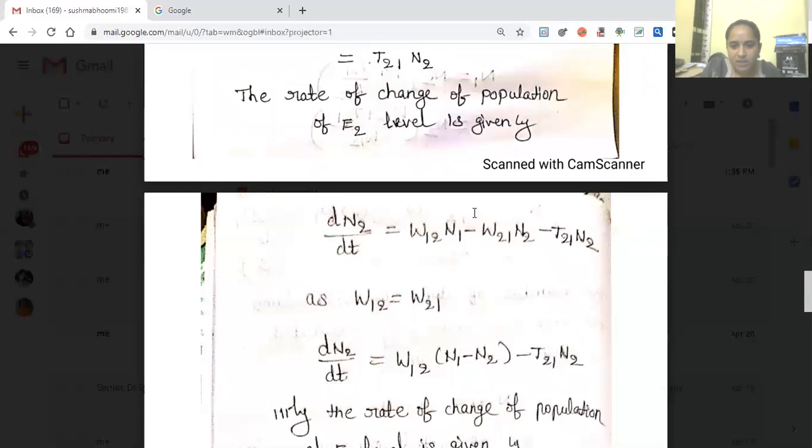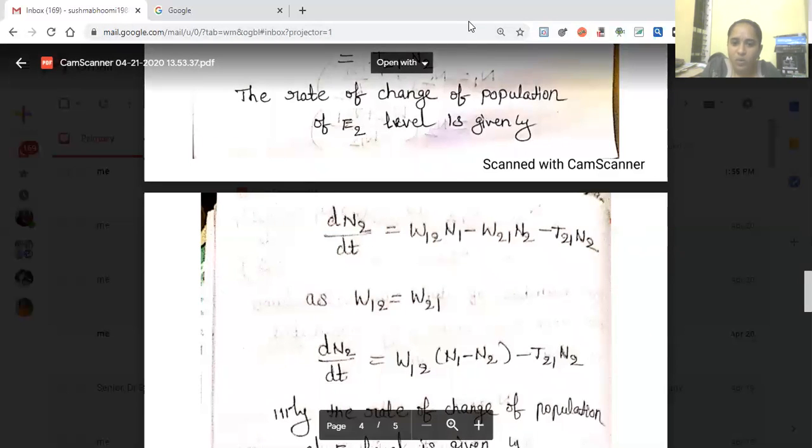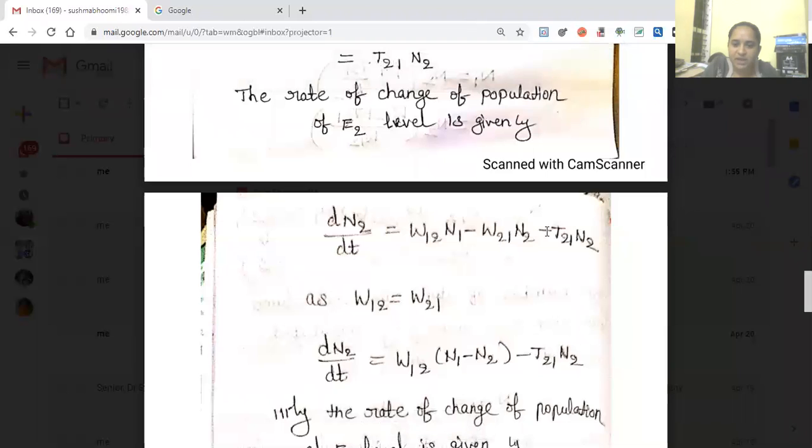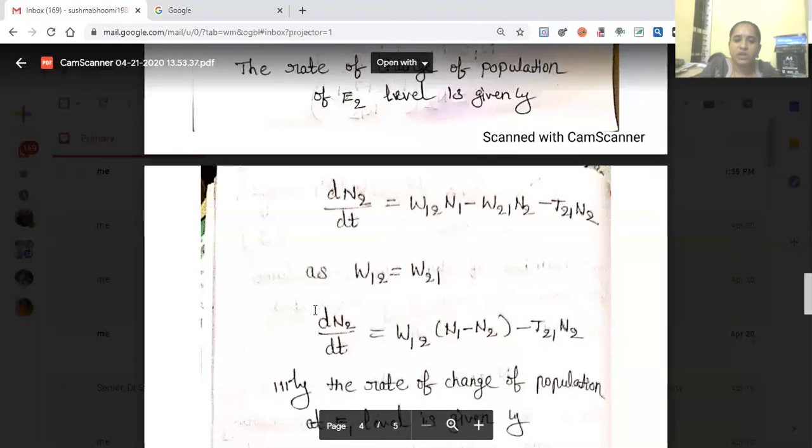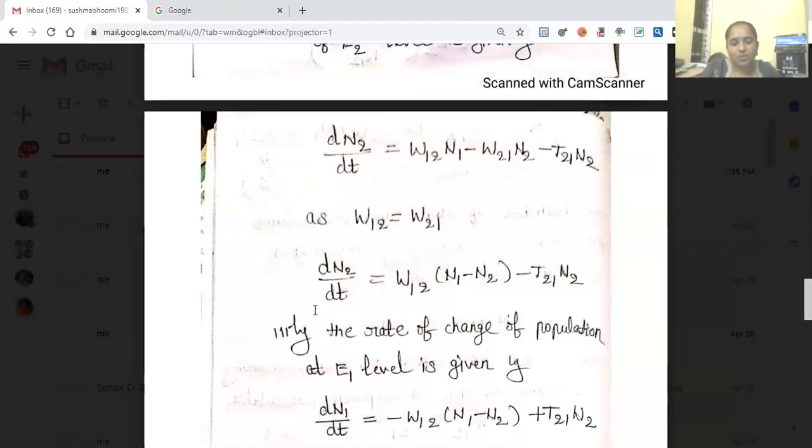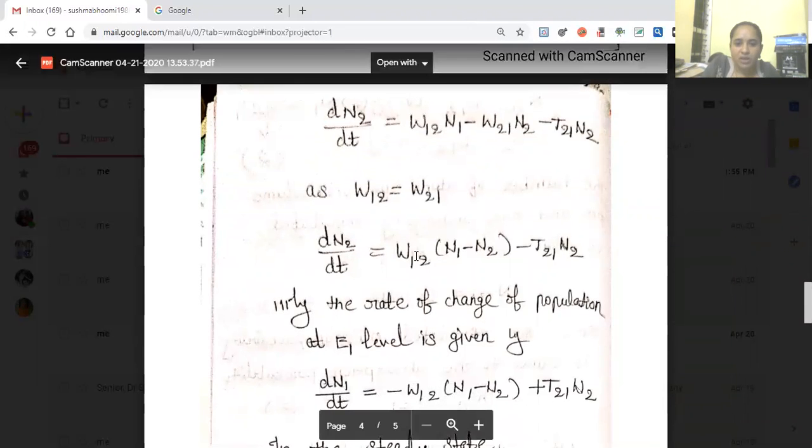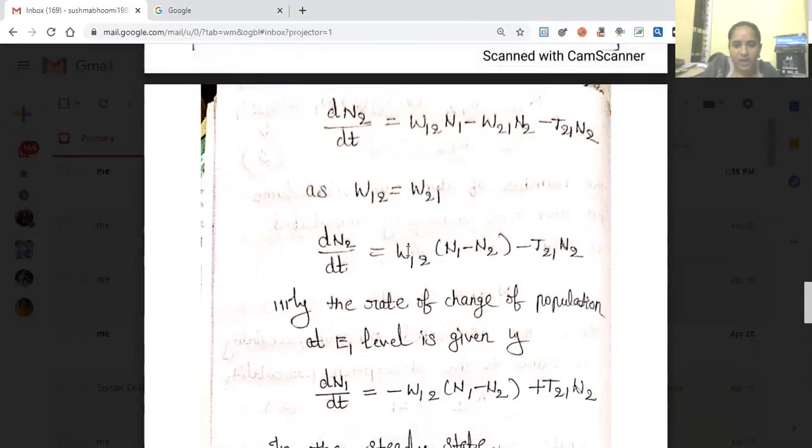Here W12 N1 is the absorption, the minus term is the stimulated emission, and the last term is the spontaneous emission. As we already know, absorption is equal to stimulated emission, so this equation takes the form W12 (N1 minus N2) minus T21 N2.